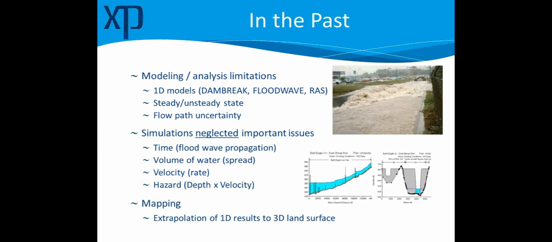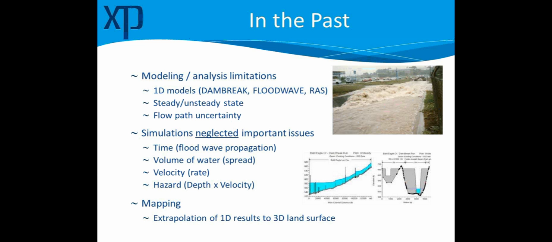In the past, undertaking this modelling analysis was typically limited to 1D models, and flow path determination was more uncertain due to the types of output available from 1D models. For example, a user may have had to predefine the flow paths in a 1D model, and that would require manual interrogation of a digital terrain model.